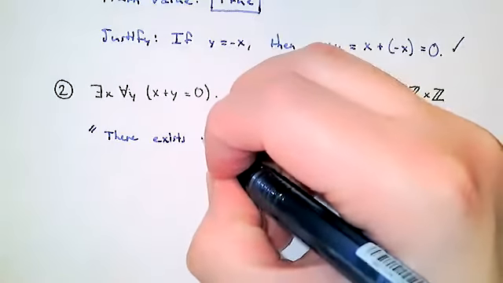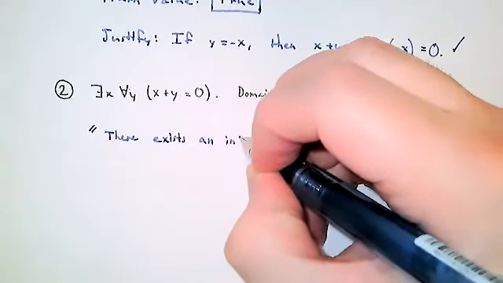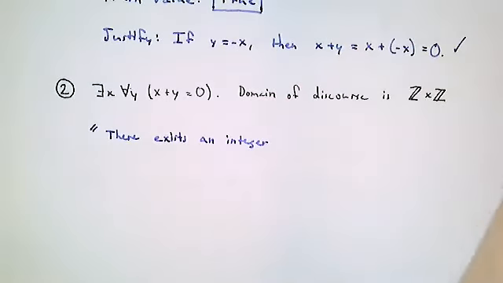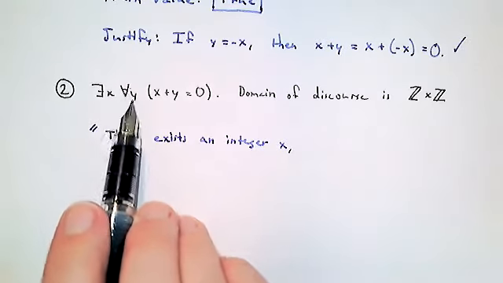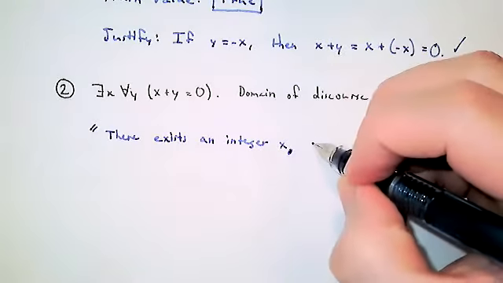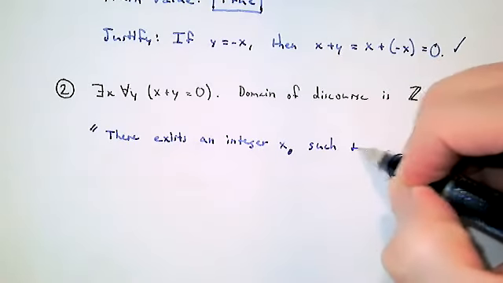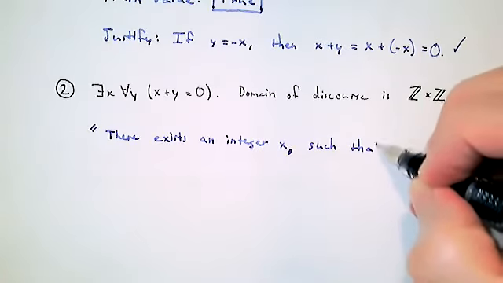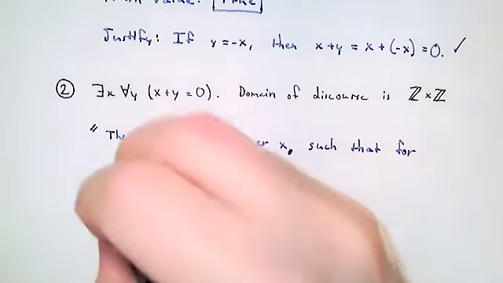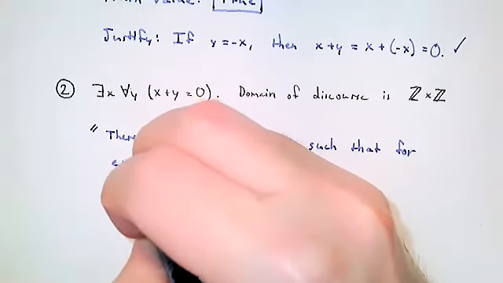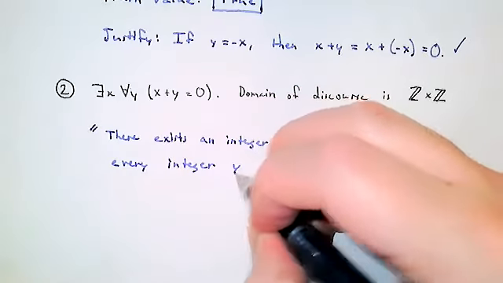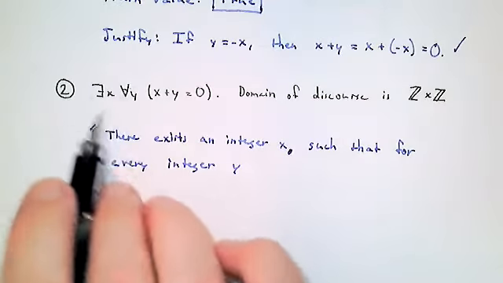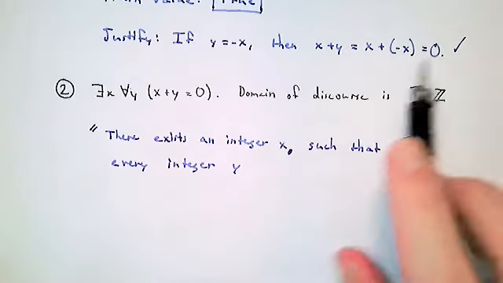So we could say there exists an integer x, and y is also an integer, and this is a universal. So we could say such that for every integer y, and that takes care of the quantifiers and also the domain of discourse.